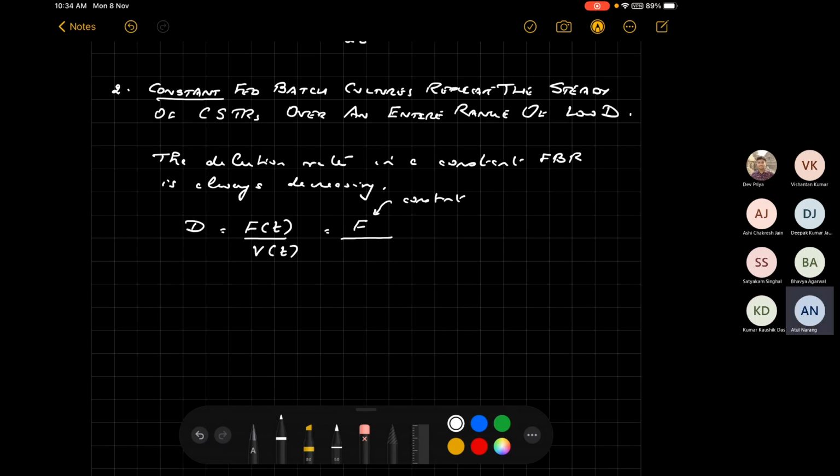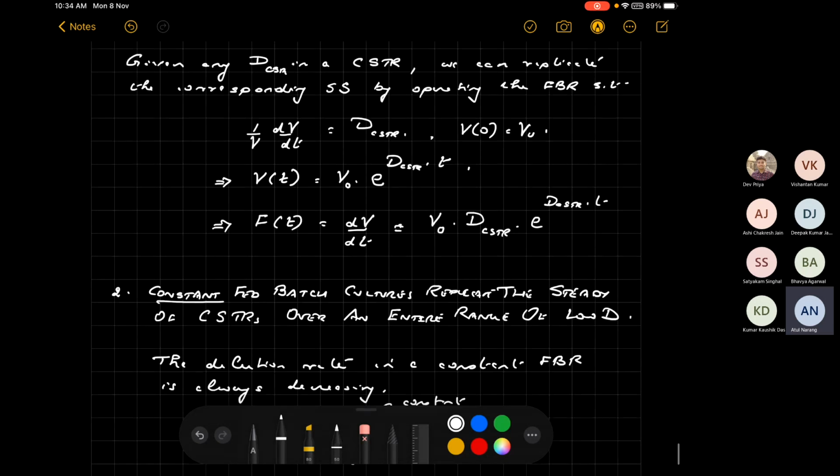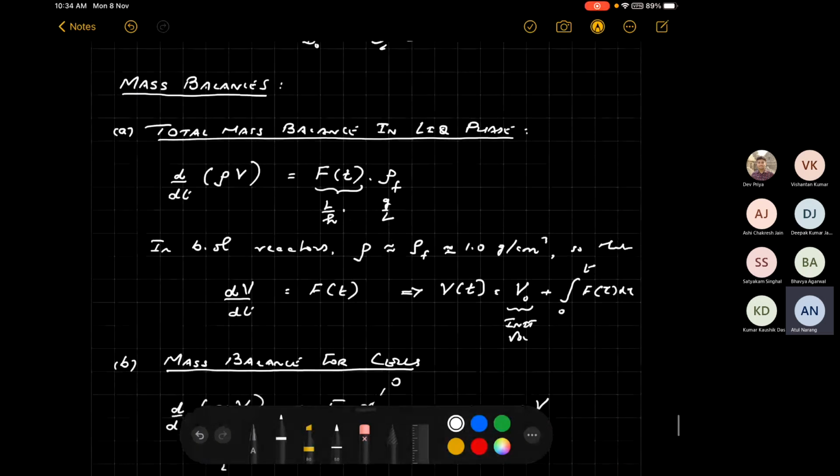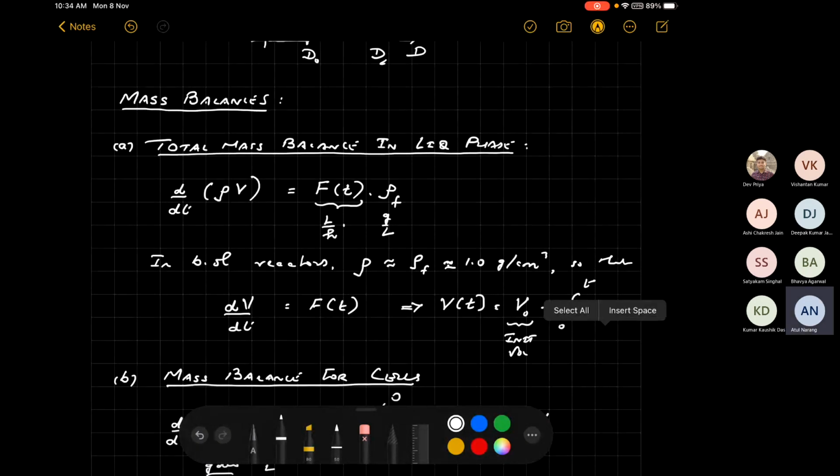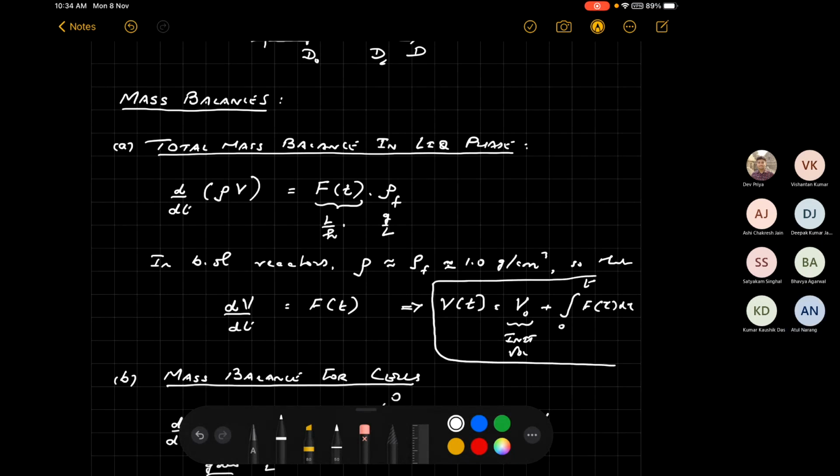But is V constant? Obviously not. V will be V0 plus F times T. I'm simply using this equation with constant F, with F of tau being a constant. That will just give me V0 plus F of t.